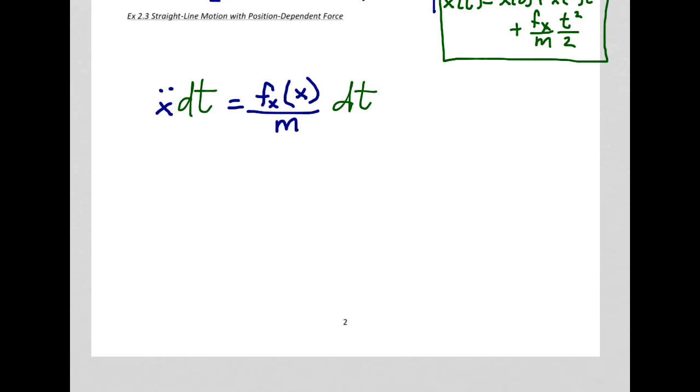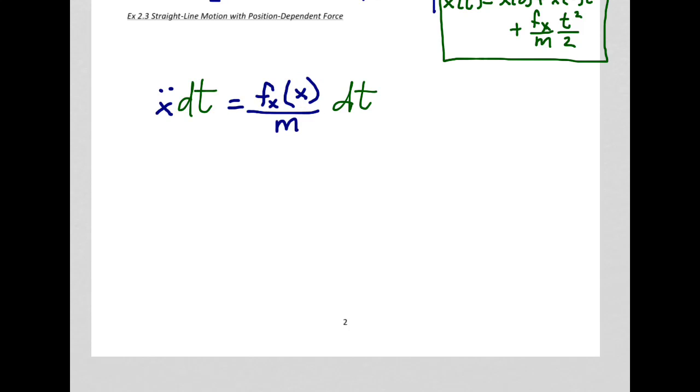And the reason why is because the force is a function of x, and then x is a function of time. Remember, our position is always a function of time. That's implicit in there. And because of the stacking of these dependencies, we simply can't just integrate by time because time is buried within this x expression.